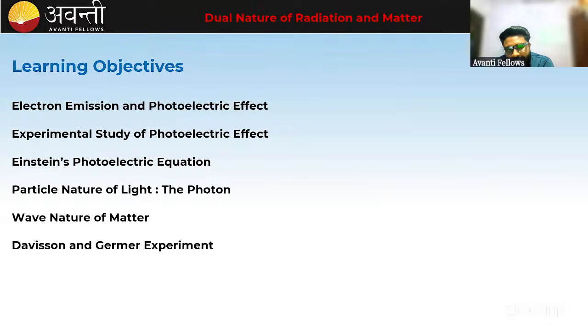Then we will understand the vice versa. We can have the light as a wave till now. Then we will understand the wave nature of matter, solid, liquid, and gas. Based on that, the Davisson and Germer experiment is there.